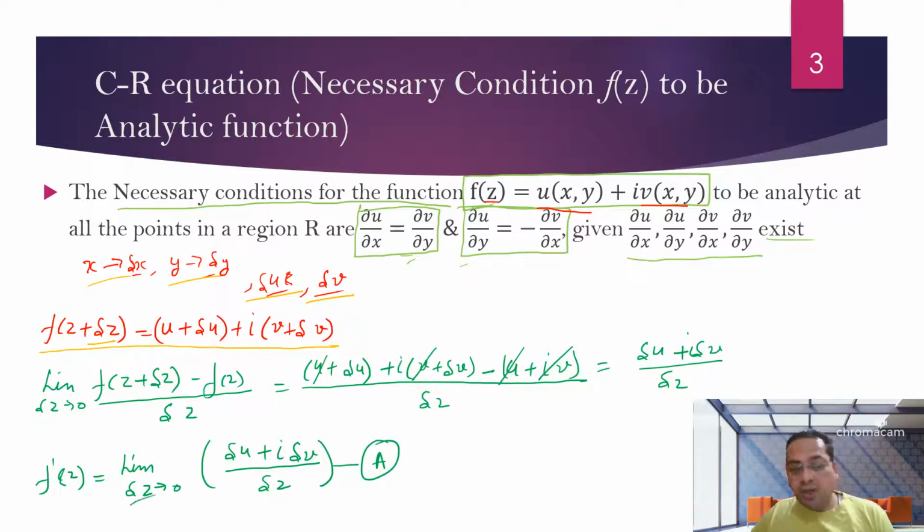Because z is the function, z is the number which is equal to x plus iota y. So delta z depends upon delta x and delta y.